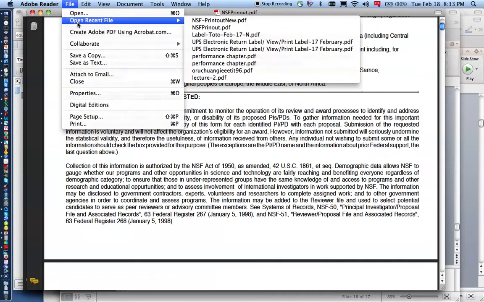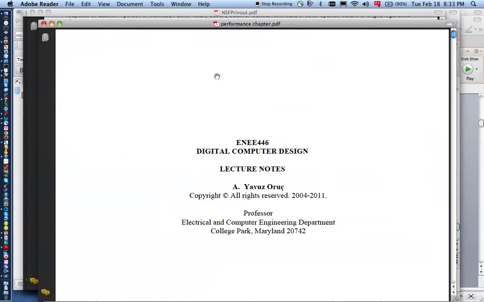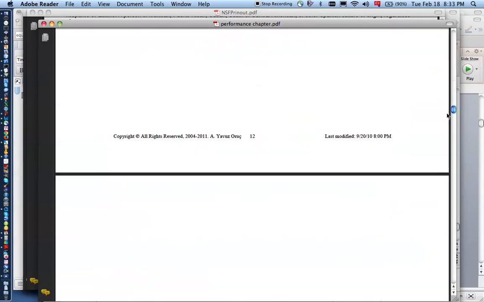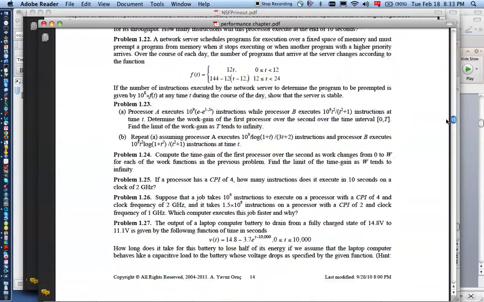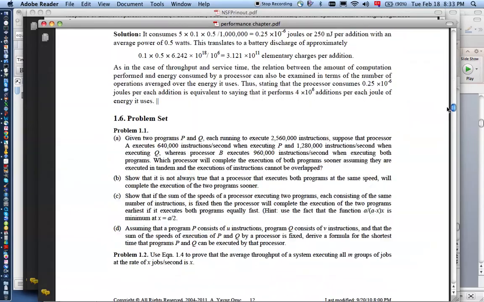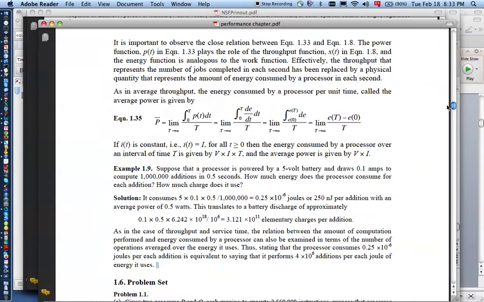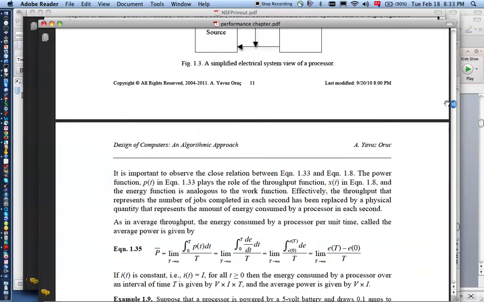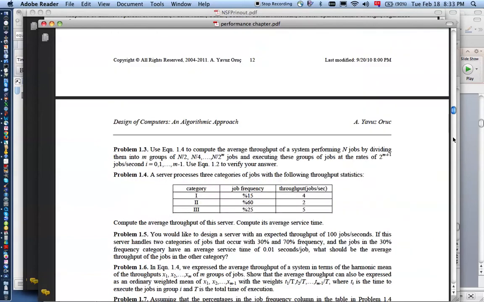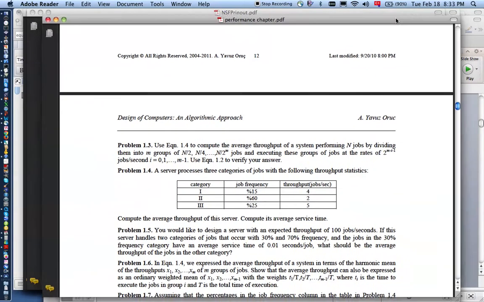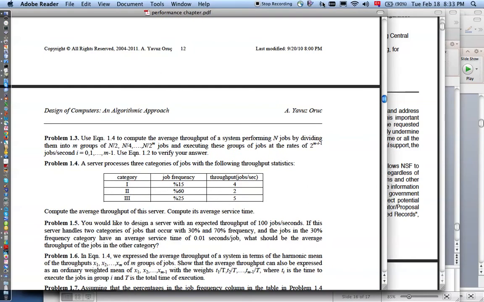Let me see if I can find this. There's the performance chapter right there. If I go to the first set here, we're talking about these problems. It begins on page 12, so you have to look at page 12 and down to find where these are.